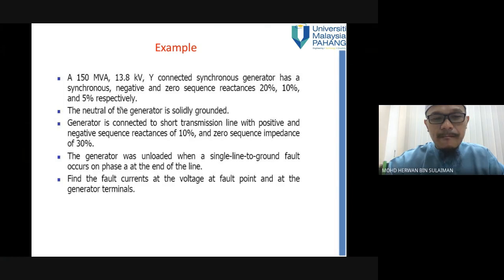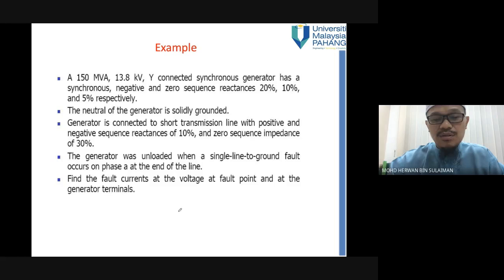The neutral of the generator is solidly grounded, meaning that there is no ZN. The generator is connected to a short transmission line with positive and negative sequence reactance of 10% and zero sequence impedance of 30%. The generator was unloaded when the single line to ground fault occurs on phase A at the end of the line. Find the fault current and the voltage at the generator terminals.